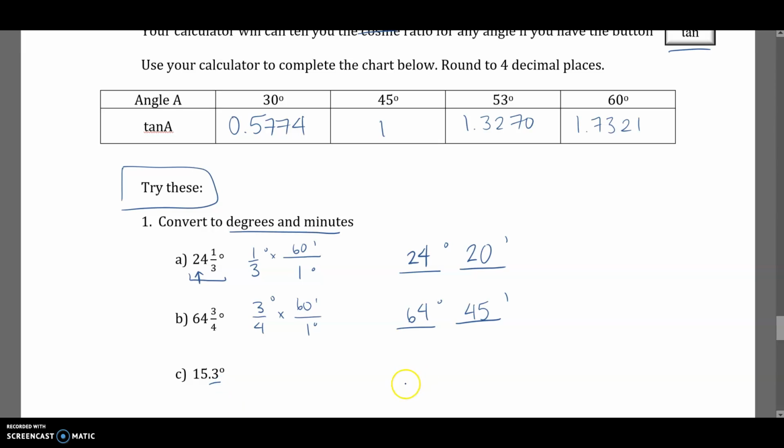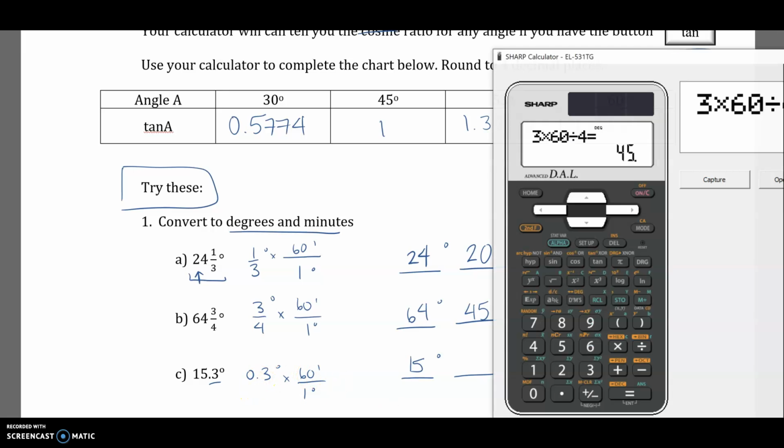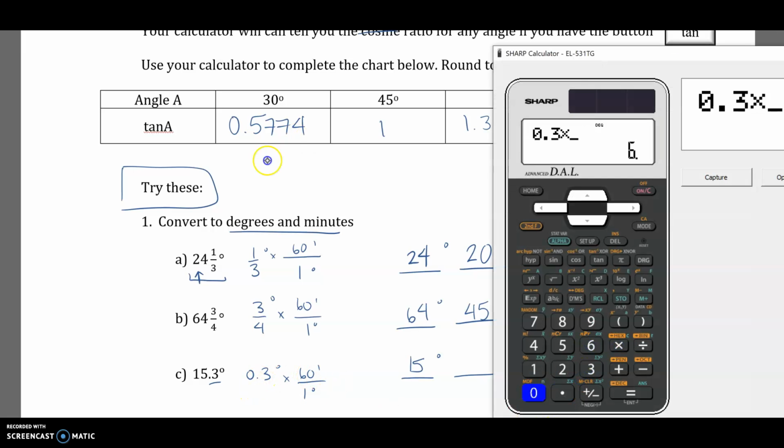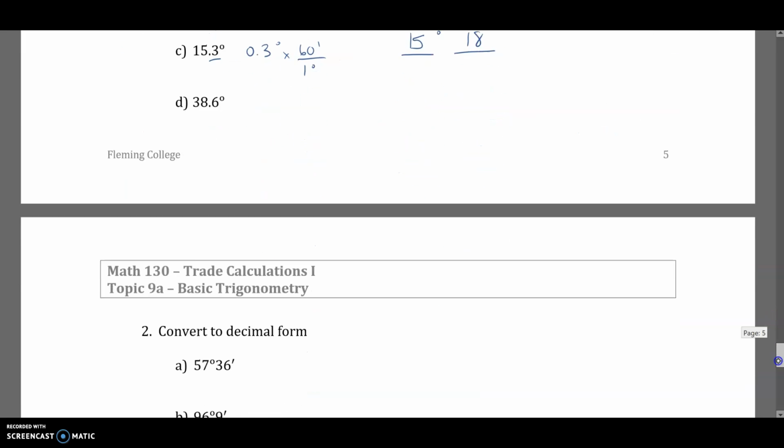Here we have just a decimal, so 15.3 degrees. If I want whole degrees, there are 15 whole degrees. I can convert the decimal portion, 0.3 degrees, to minutes, setting up my conversion fraction, 60 minutes in 1 degree. And on my calculator, I have 0.3 times 60 is 18 minutes. So 15.3 degrees is 15 degrees and 18 minutes.